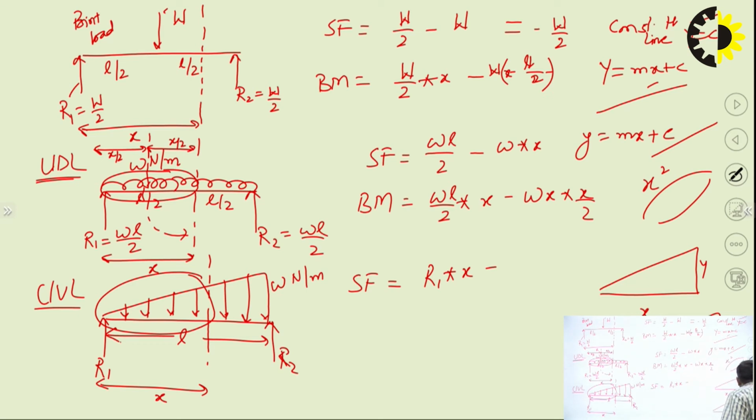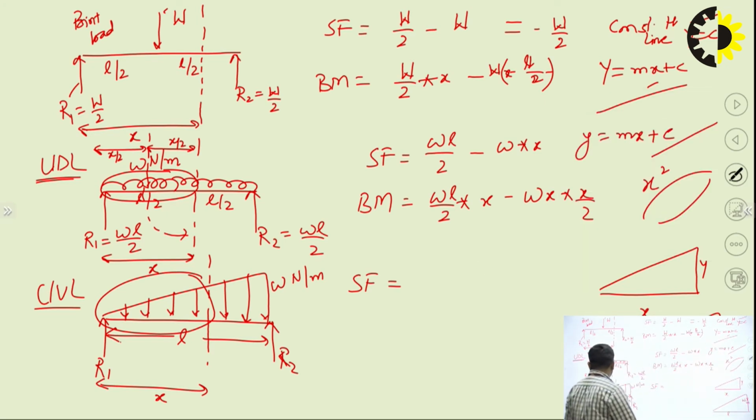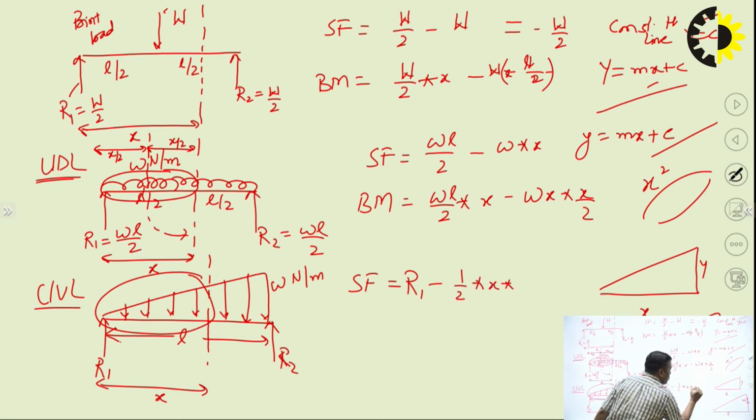Now, I am writing the shear force equation, so why should I include x here? On the left side of the section plane, shear force R1, positive, upward. Then area of this triangle, half into x into y.